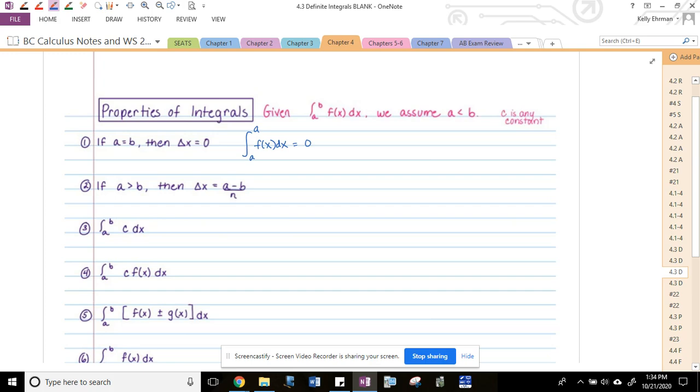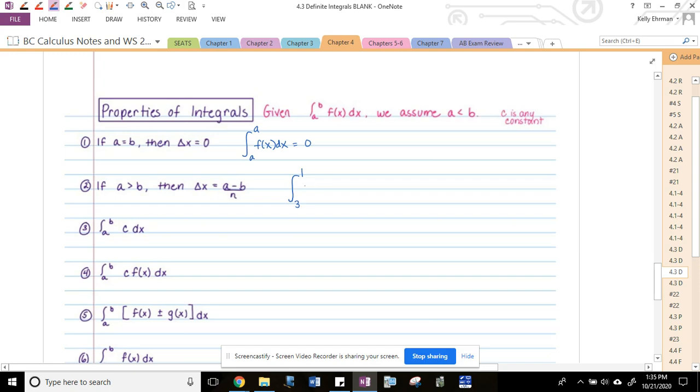If a is greater than b, then we would have a different delta x formula. It would be a minus b over n. But really, here's all that means. We're used to saying, okay, a is a bigger number. I want to use numbers here because I think that'll be more clear. So if a is bigger than b, let's say we're going from 3 to 1.